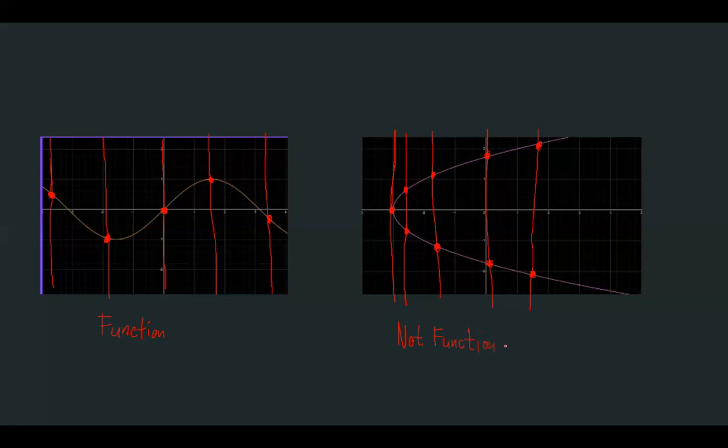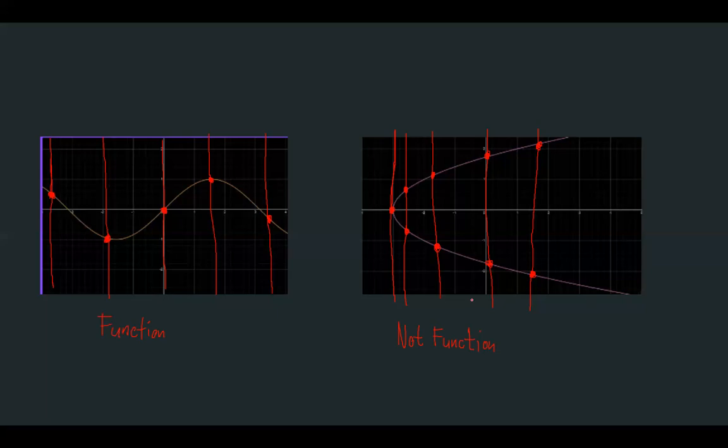So what can we learn from here? Again, just like what I said previously, draw as many vertical lines as you want. It's okay, as long as each of the vertical lines that you draw intersects at only 1 point.